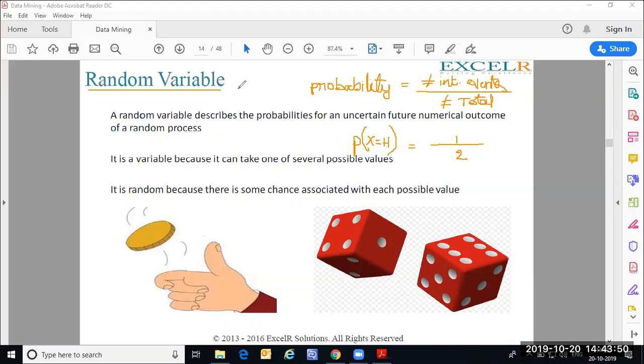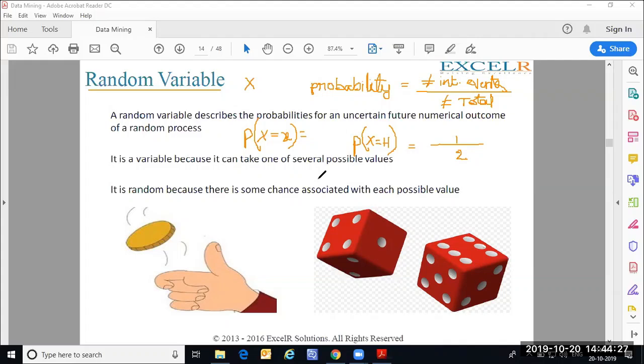Random variable is always represented using capital X. The probability of a random variable X having an outcome out of the possible outcomes, represented using small x, is equal to number of interested events divided by total number of events.